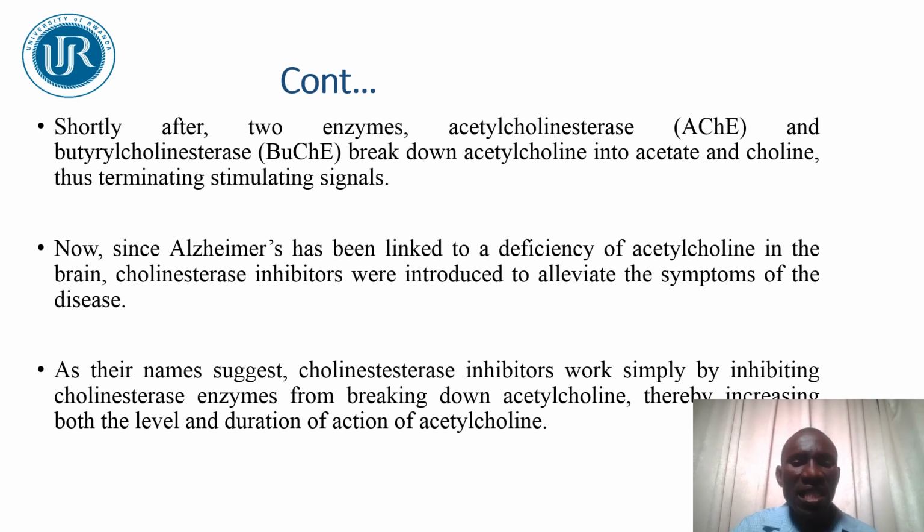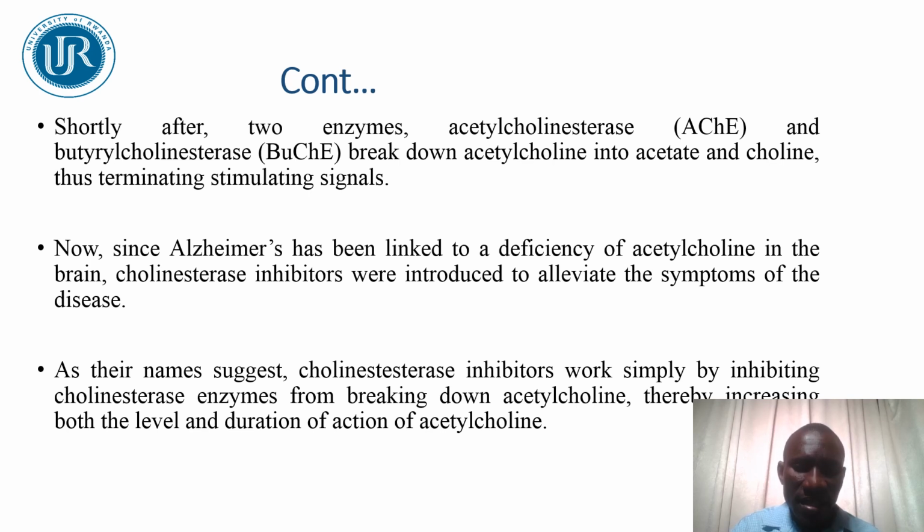After the activity of the acetylcholine, two enzymes known as acetylcholinesterase and butyrylcholinesterase break down acetylcholine into acetate and choline, thus terminating its action.